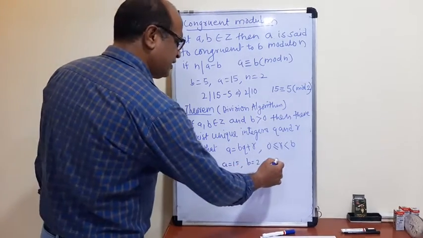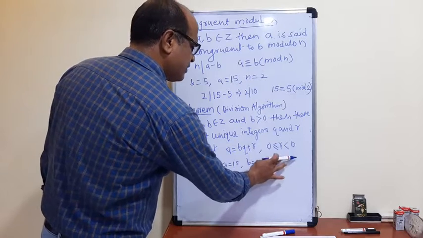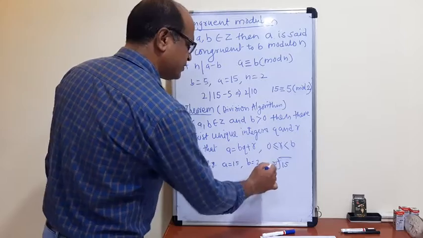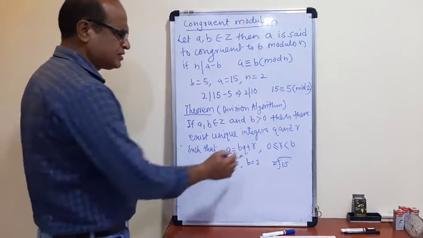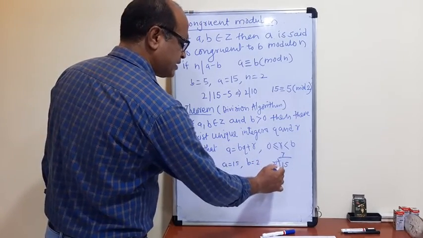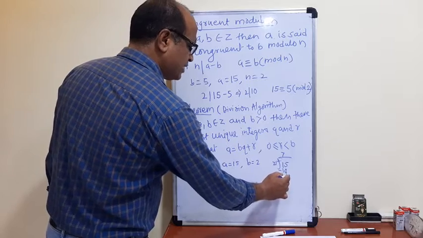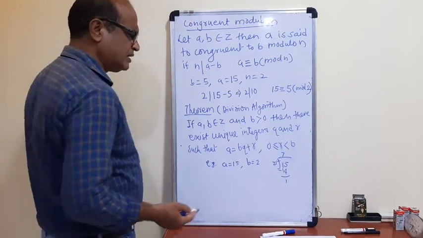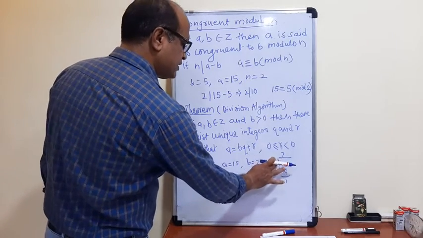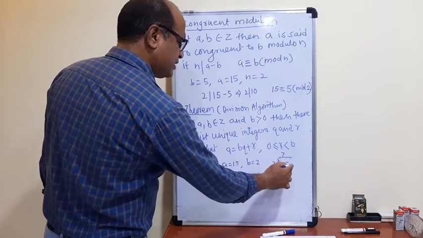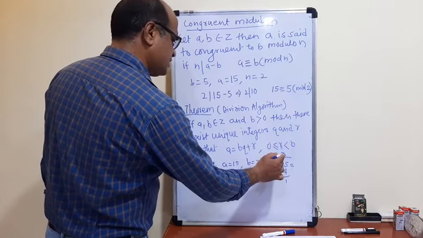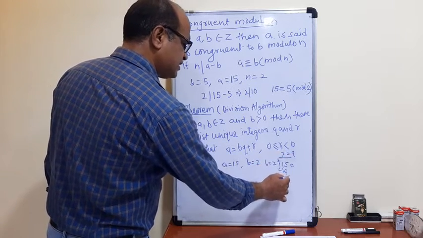What is 15 divided by 2? 2 sevens are 14, so the remainder is 1. So a is 15, b is 2, 7 is q, and r is the remainder.